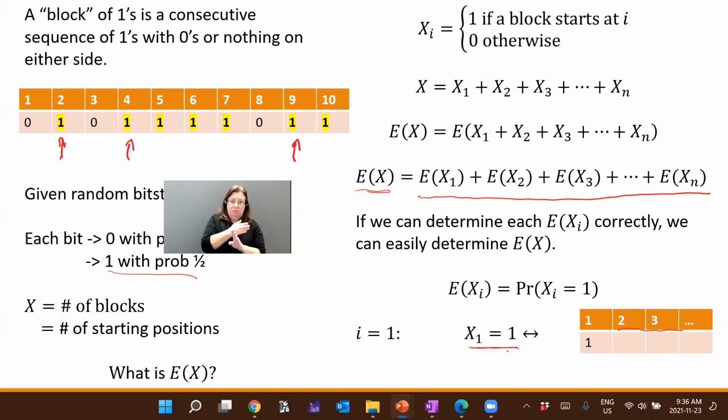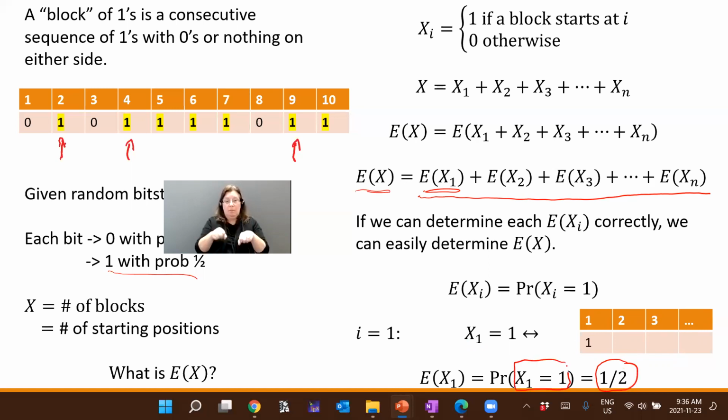So the event that a block starts in location 1 happens if and only if the first bit is a 1, which happens with probability 1/2. So the probability of this event is equal to 1/2. And so now I have my first random variable has an expected value of 1/2, since for an indicator random variable, the expected value is simply the probability of whatever event is defined here happening.